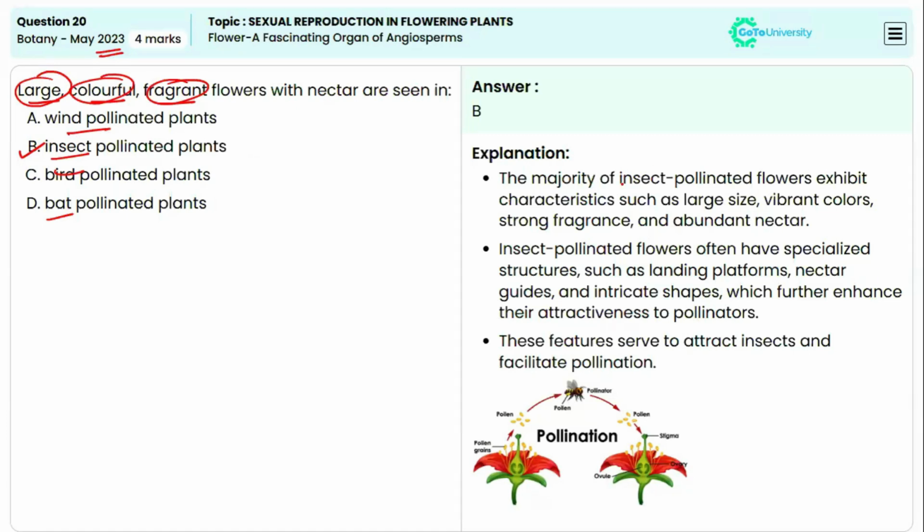Majority of the insect pollinated flowers exhibit characteristics such as large size, vibrant colors, strong fragrance, and abundant nectar. Insect pollinated flowers often have specialized structures such as landing platforms, nectar guides, and intricate shapes, which further enhance their attractiveness to the pollinators. So the correct answer is option B.